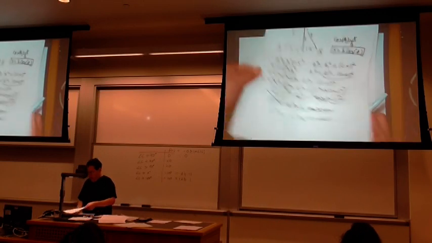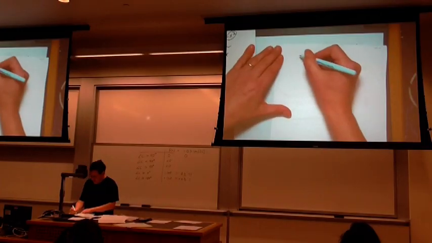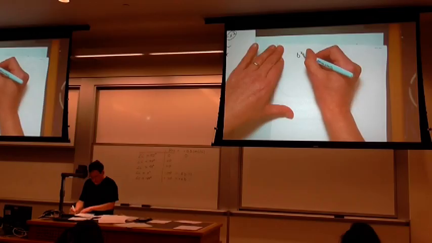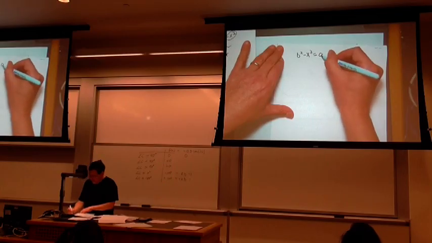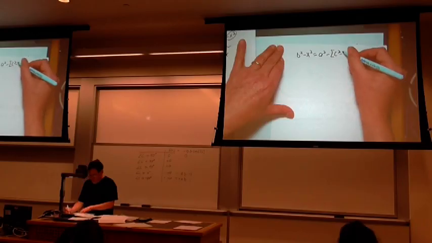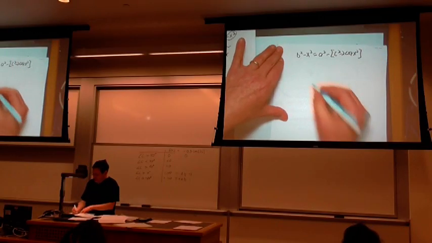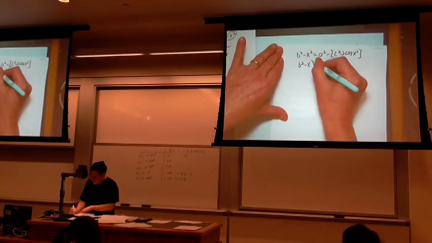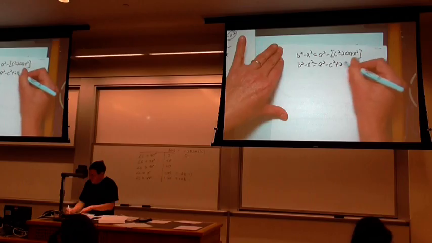I think I have to write this again. Hold on. I'm just going to make everyone unhappy except me. I have b squared minus x squared equals a squared minus c squared minus 2cx plus x squared. So that's b squared minus x squared minus c squared plus 2cx.